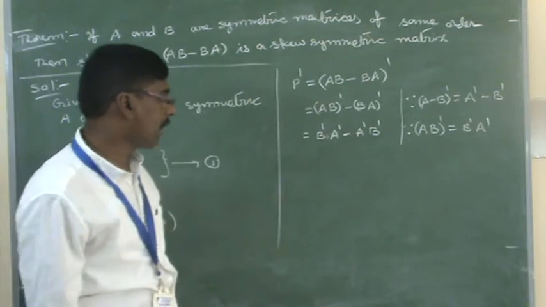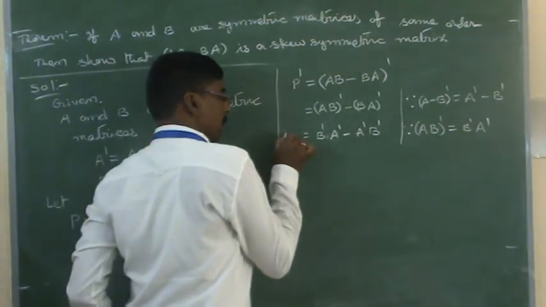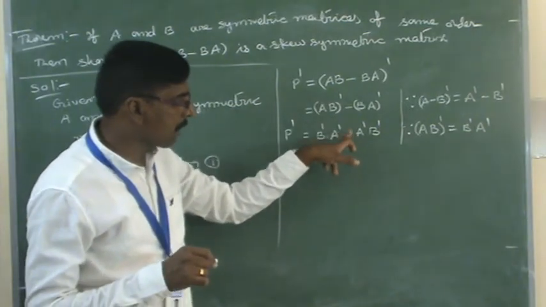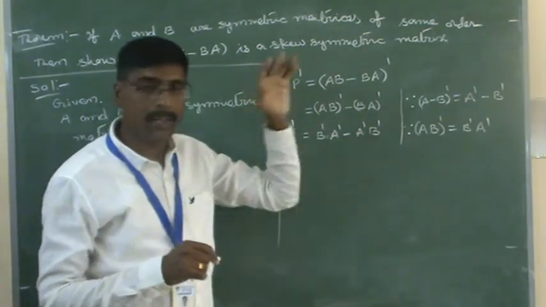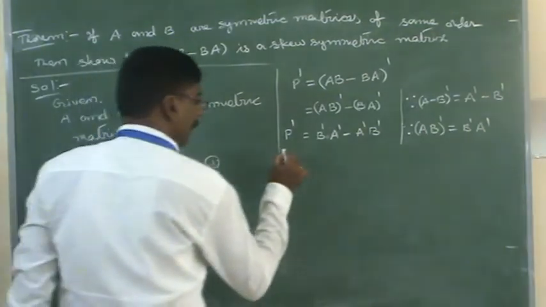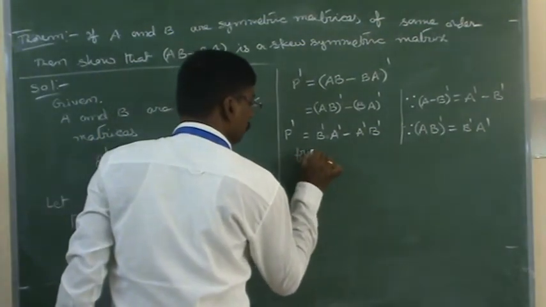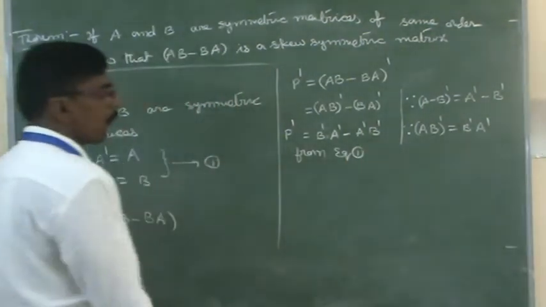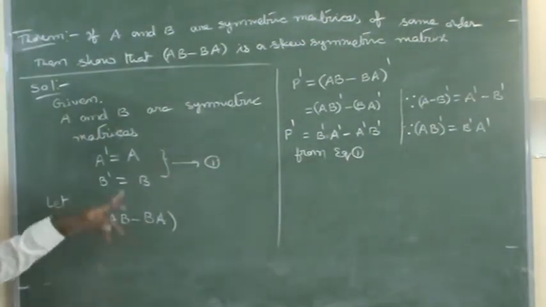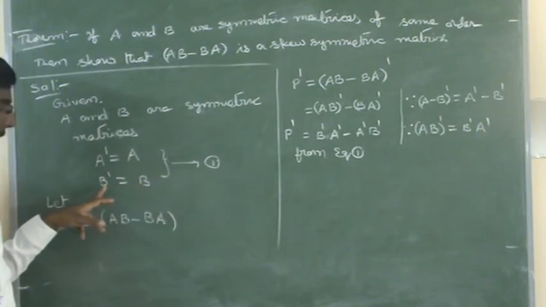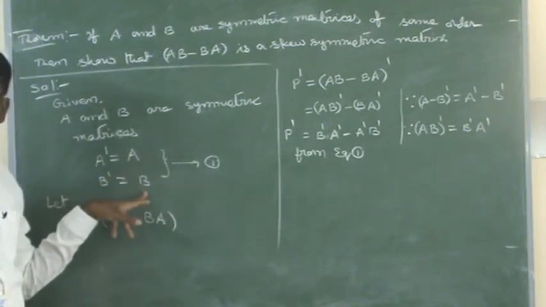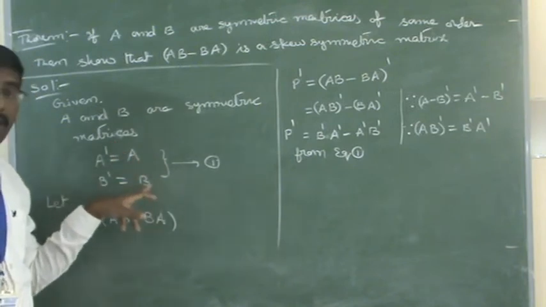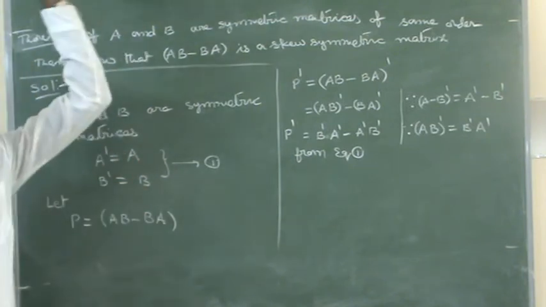See, already we know that the transpose of P can be written as B transpose into A transpose minus A transpose into B transpose, from equation number 1. B transpose we can write as B, and A transpose we can write as A. The reason is A and B are symmetric matrices.